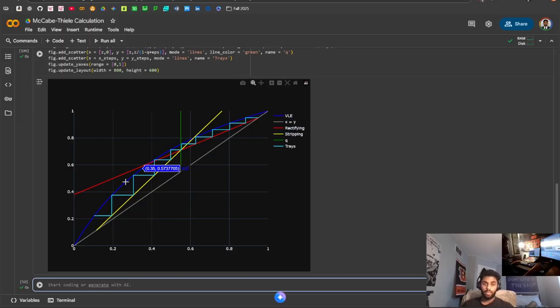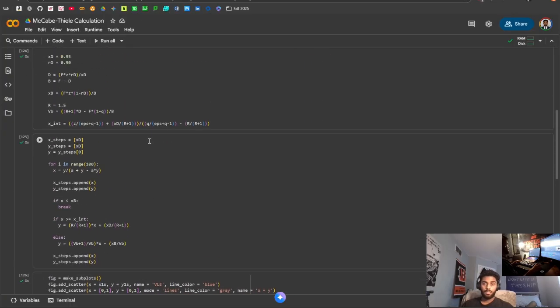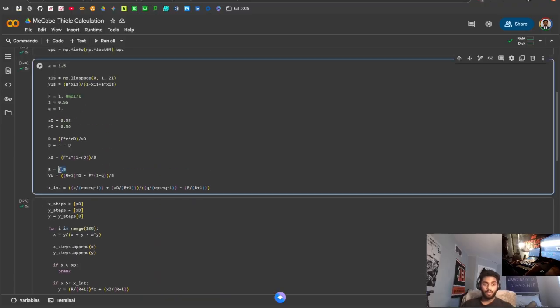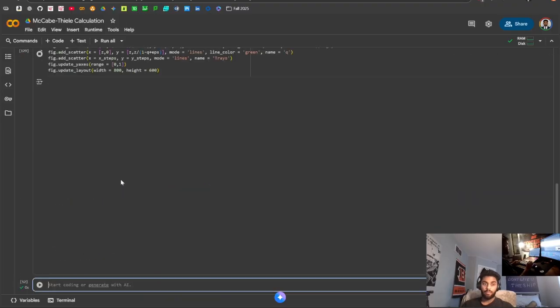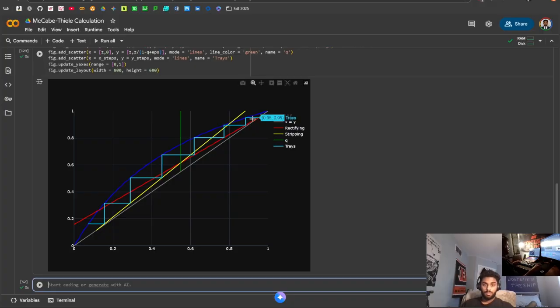You see that we actually have that nice staircasing that branches out over into our stripping section. But let's say if we had a really big reflux ratio, so like 5. All right. So now we see that we actually have much larger steps here. So we're refluxing a lot more. We're forcing a lot more liquid down through our distillation column.